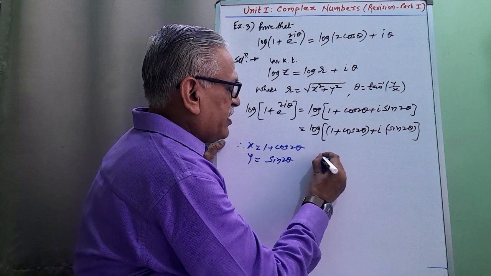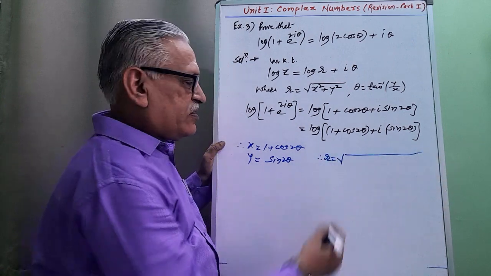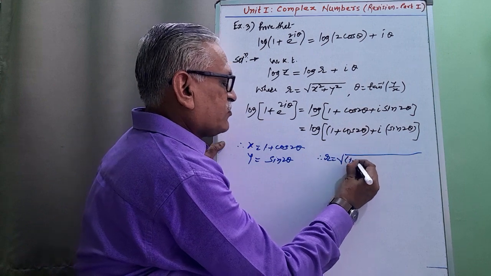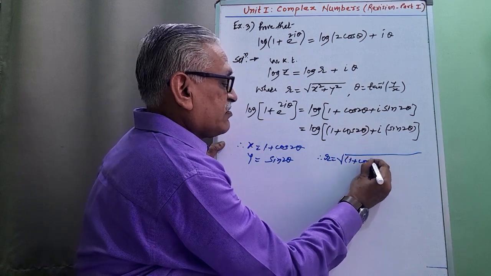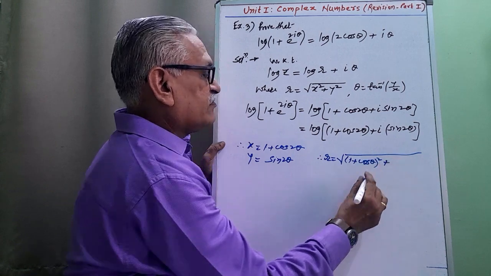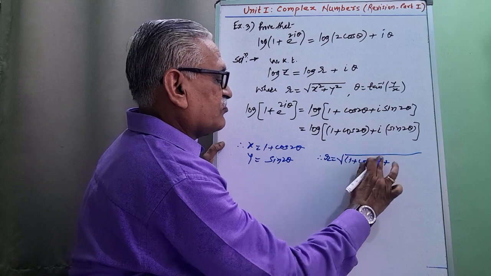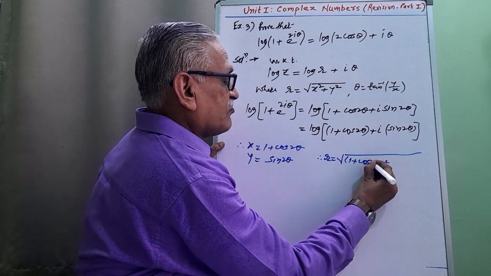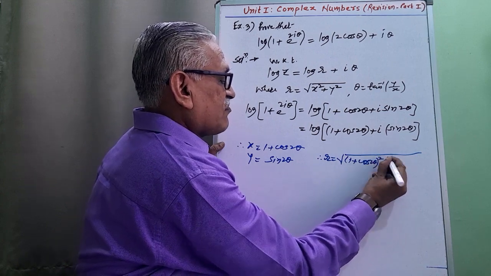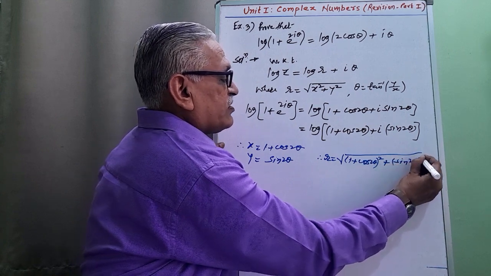And therefore, we get value of r as root of x square plus y square. It is (1 + cos 2θ) square and plus sin of 2θ whole square.